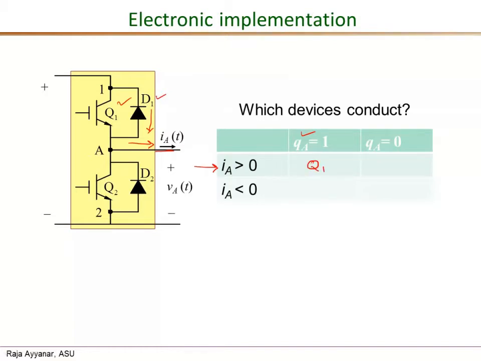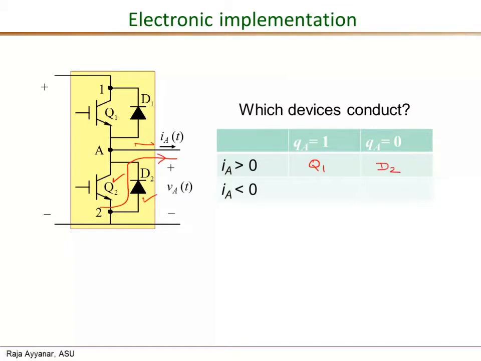Similarly with IA still positive, so we need a current in this direction. Okay, this is Q1. So when QA is 0, which means one of these two devices have to conduct, and only D2 has the correct current direction. So therefore the conducting device when Q is 0 to support a positive current IA is D2. Okay.